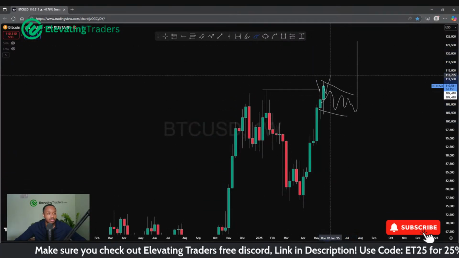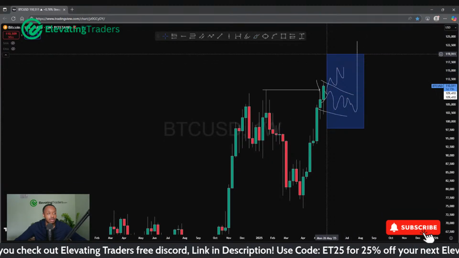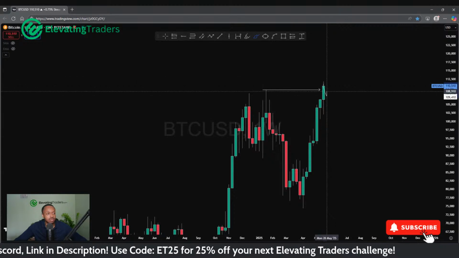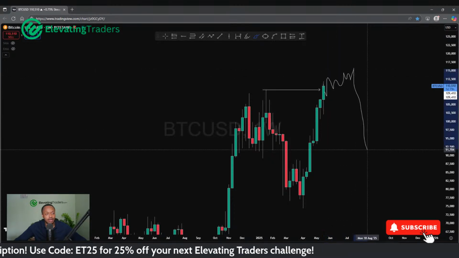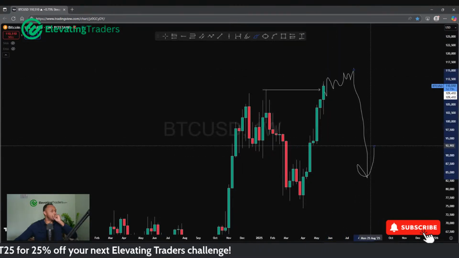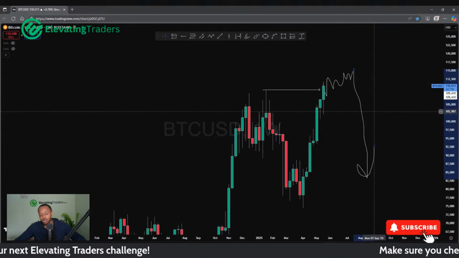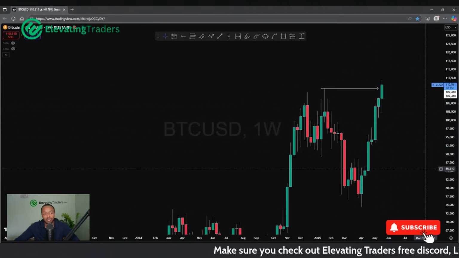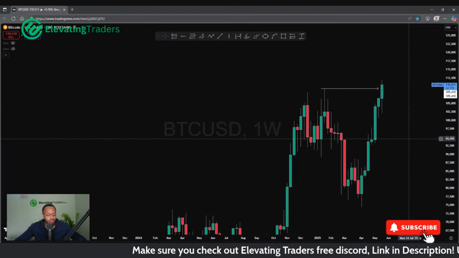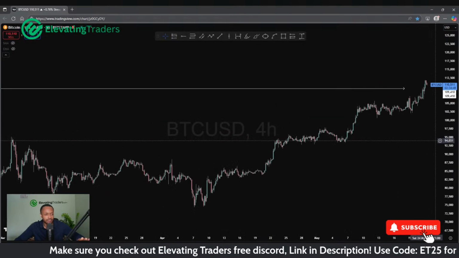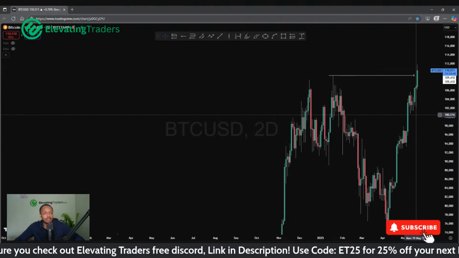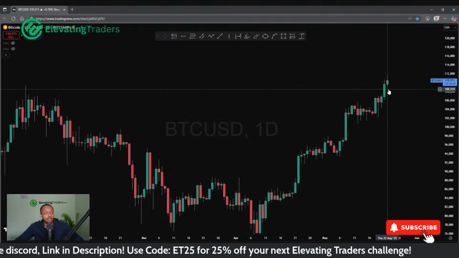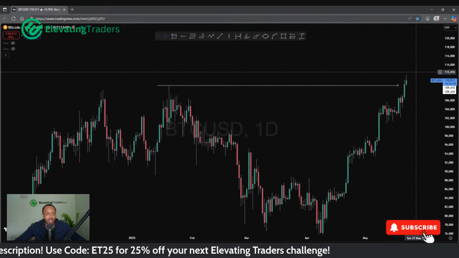But if we just stagnate and ascend, if we become corrective and move up like this, then I would expect to see another drop there for Bitcoin, to be honest, because the way Bitcoin does move, momentum creates more momentum. Right now, yes, we're looking quite bullish, but nothing too crazy, nothing where I'll get too excited, especially if we start to see price create some wicks here to the upside as well.